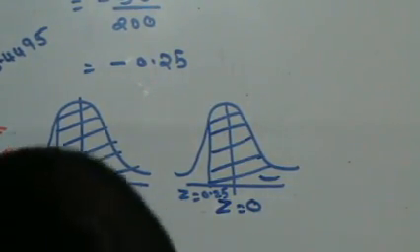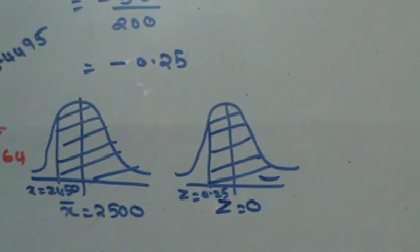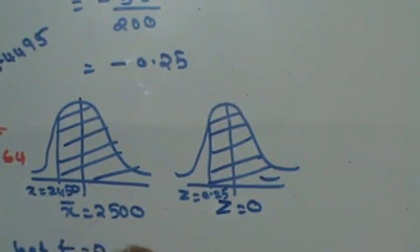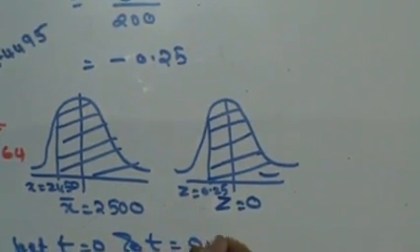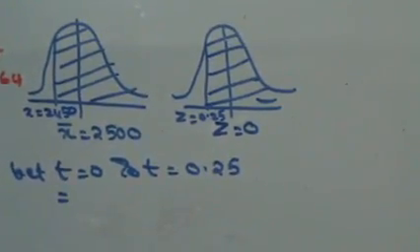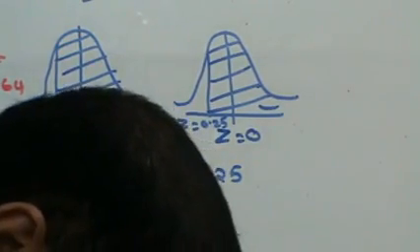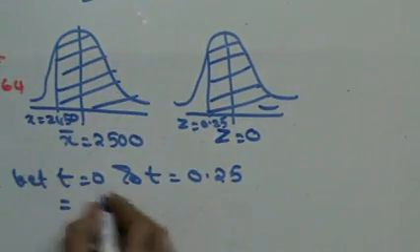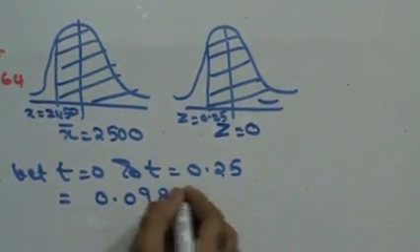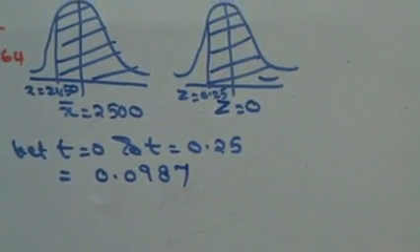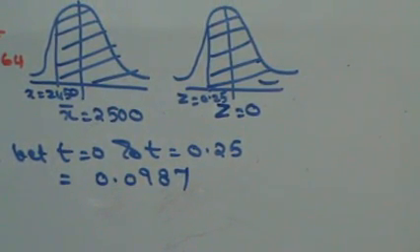In the sum, they give you that area between z is equal to 0 and z is equal to 0.25 as 0.0987. Fine, do we get this? Now, I have explained to you that the bell curve is symmetrically divided. The area of each half is 0.5.